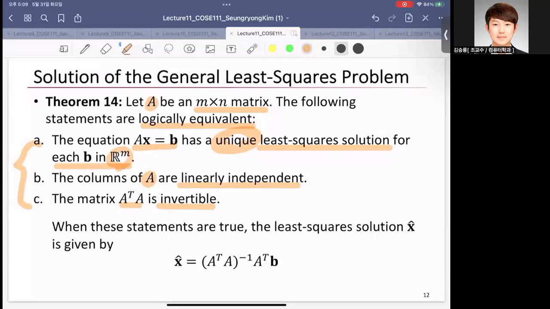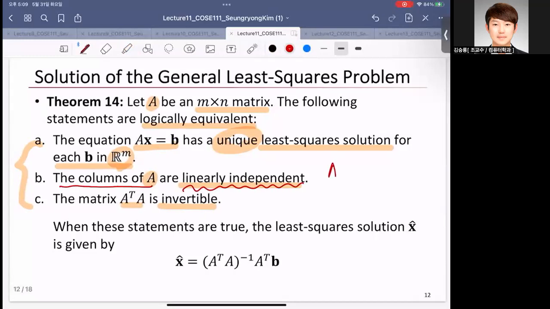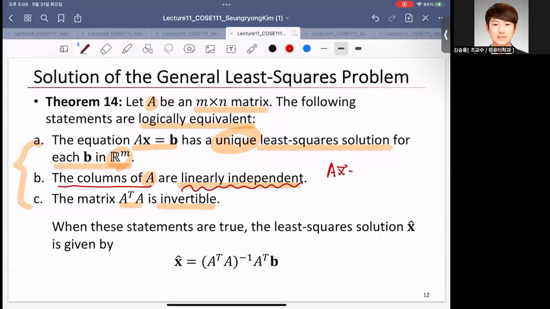So we can prove this one very intuitively like this. First of all, if the columns of matrix A are linearly independent, we already know the homogeneous system Ax equals 0 has only the trivial solution.